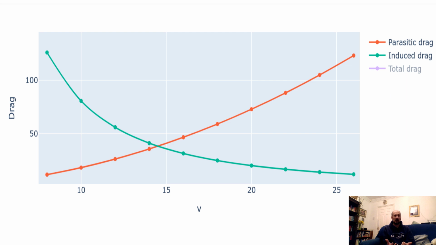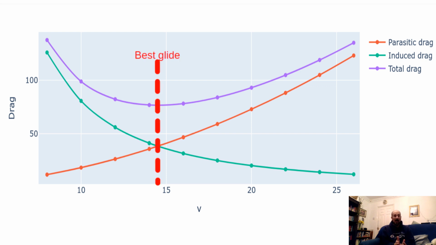Now, of course, when you're flying, what's really important is the total amount of drag. If you add those two types of drag together, you get a total drag. What you notice is that there is a minimum drag level, a certain speed you can fly which gives you the minimum drag. That speed is the best glide speed.